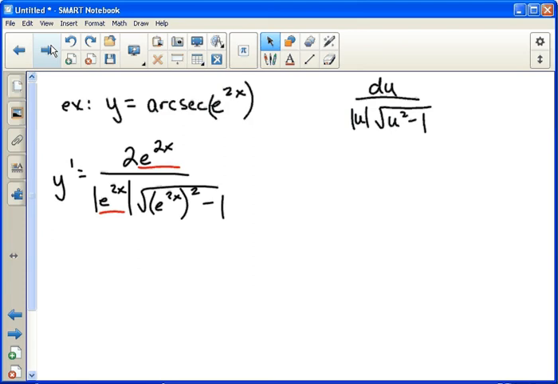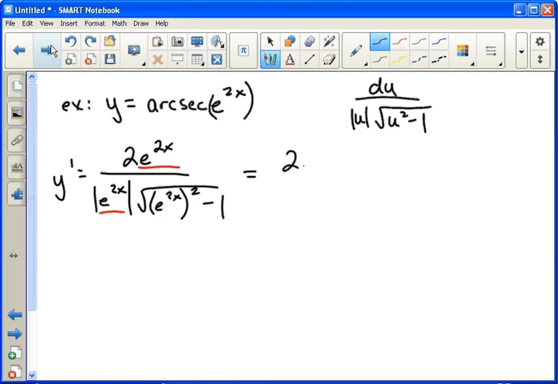So you can drop the absolute value sign, and then you can cancel those two out. On the inside, e to the 2x squared is the same as e to the 4x. So we get 2 over the square root of e to the 4x minus 1. That would be our final answer.